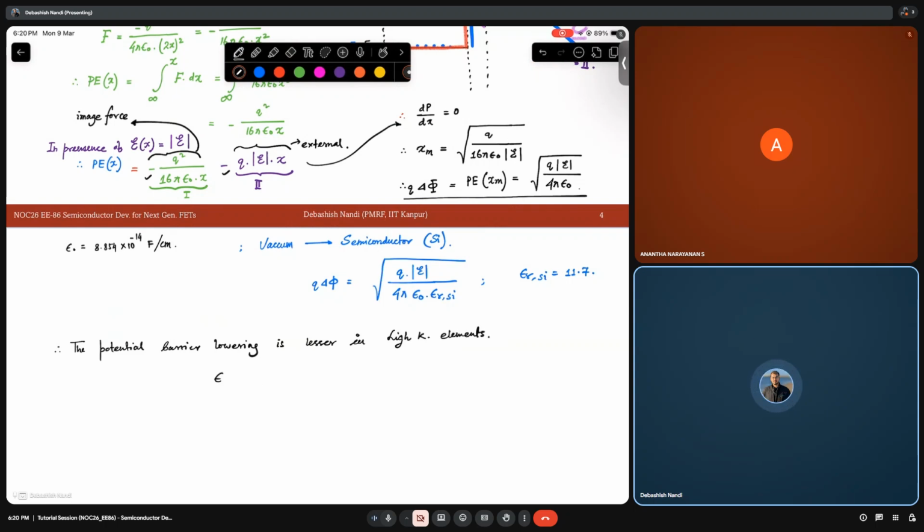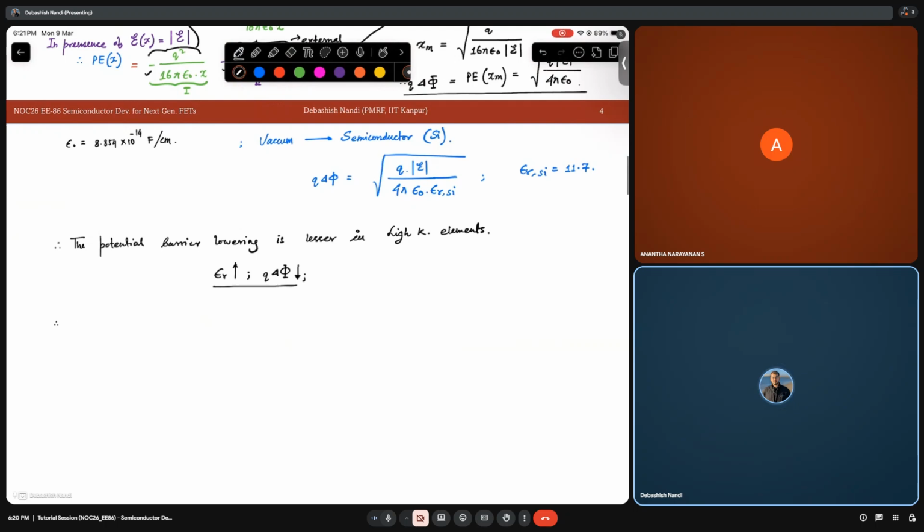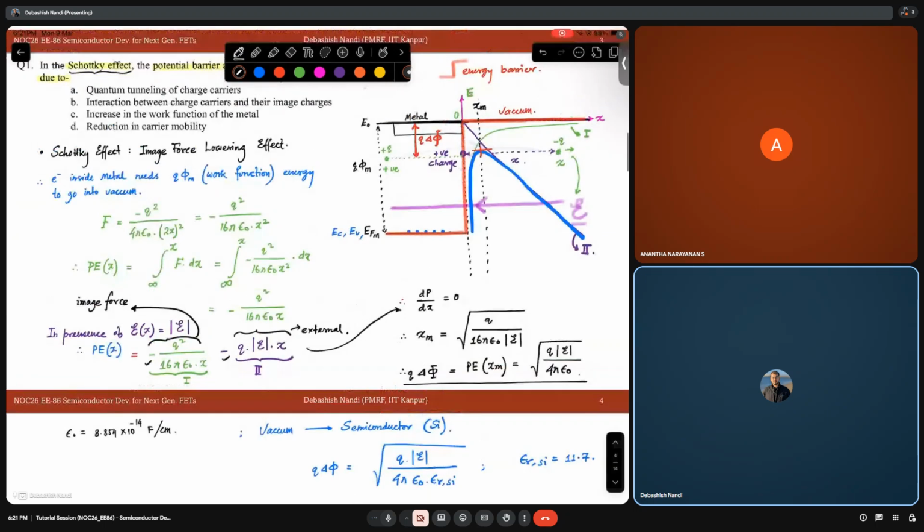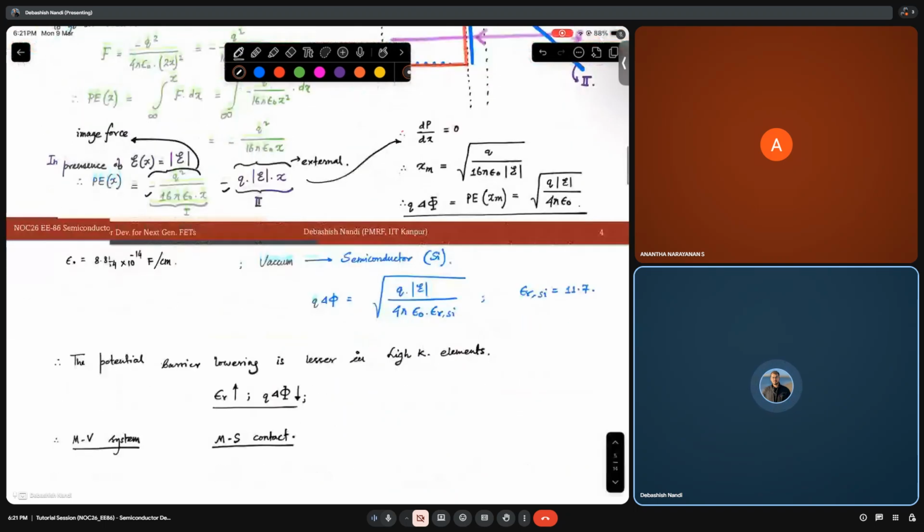That means if your epsilon r increases, this delta phi or q delta phi decreases, right? Yes, sir. Fine. So this is the consequence. Now can you tell me, let's say this is one system, a metal vacuum system, and another one I have a metal semiconductor contact. In which case will the image force lowering, or this Schottky effect, be more pronounced?